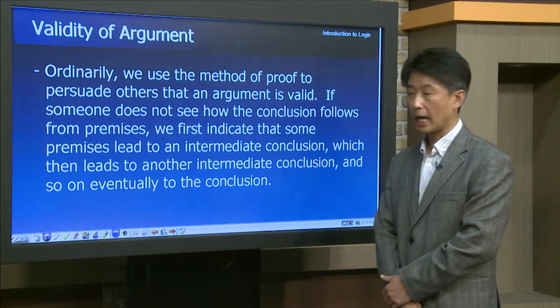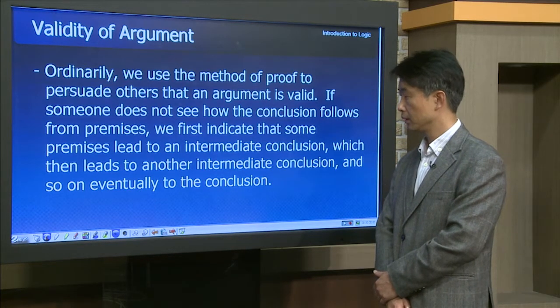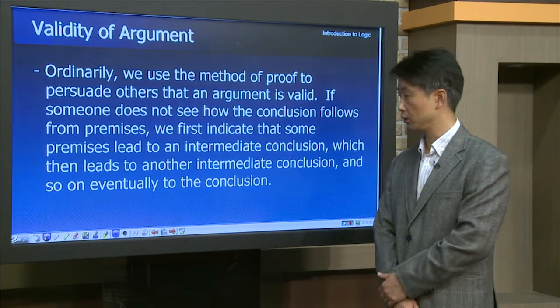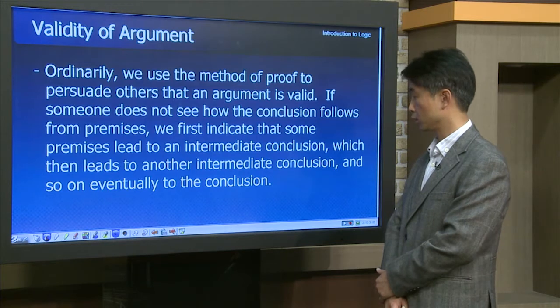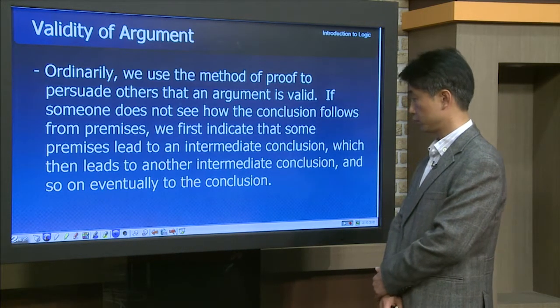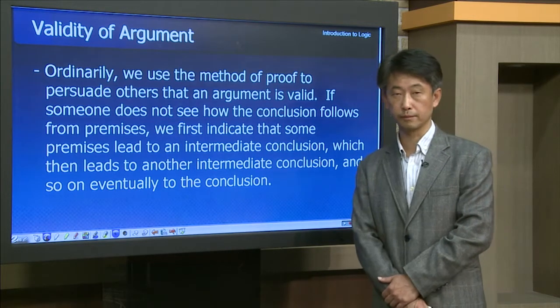If someone does not see how the conclusion follows from the premises, we first indicate that some premises lead to an intermediate conclusion, which then leads to another intermediate conclusion, and so on, eventually to the conclusion.